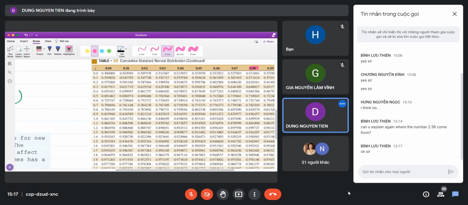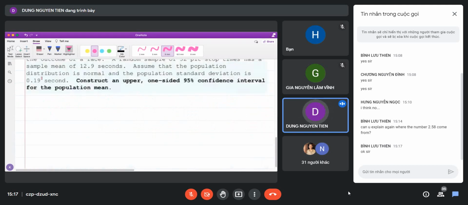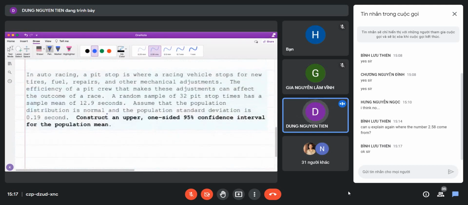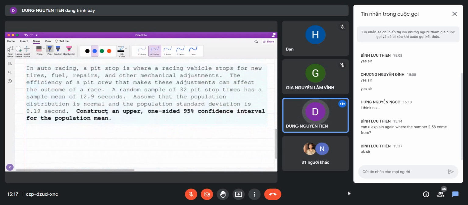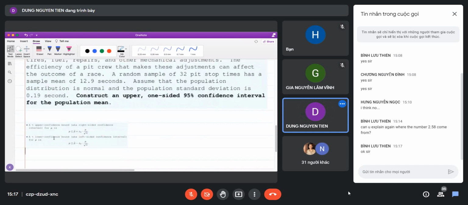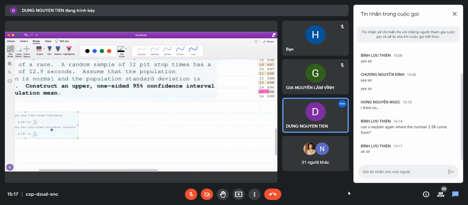Okay, let's go back to this problem. Do you know how to construct an upper one-sided 95% confidence interval for the population mean? This is the one we want to use.